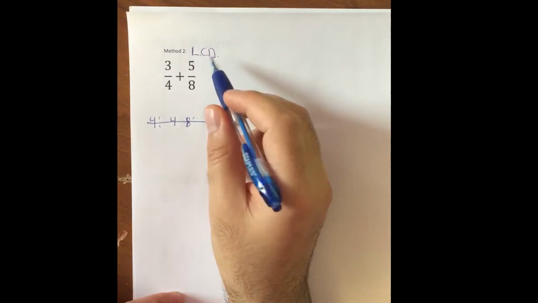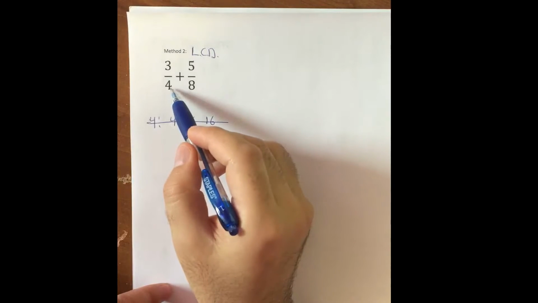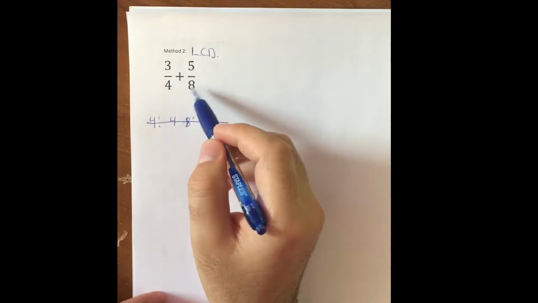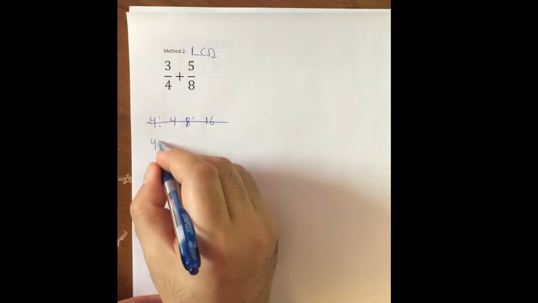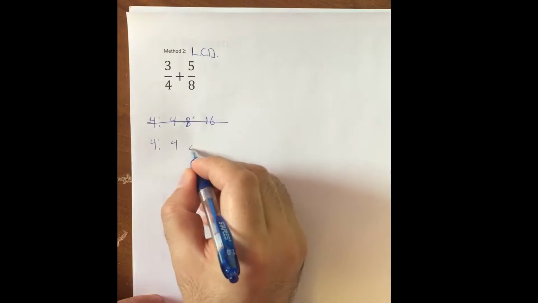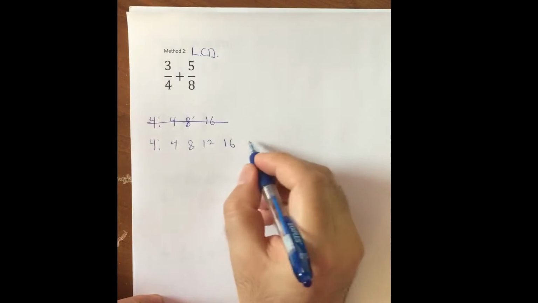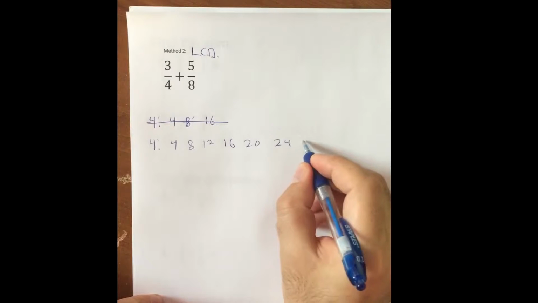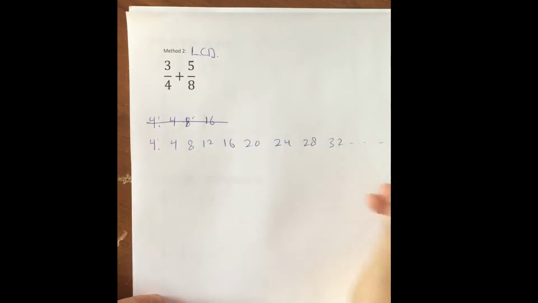The second method is called finding the lowest common denominator. We have to find a denominator that's common for this fraction and this fraction. To do that, you have to write the multiples of 4: 4, 8, 12, 16, 20, 24, 28, 32, and so on.